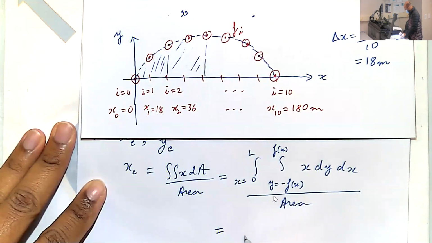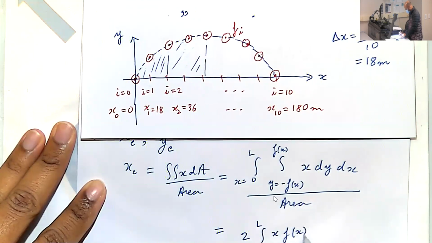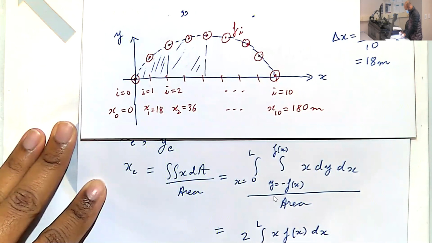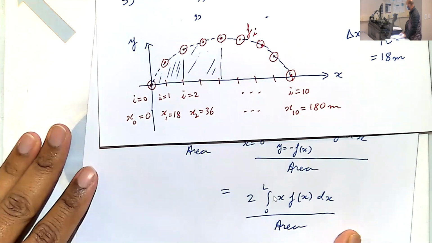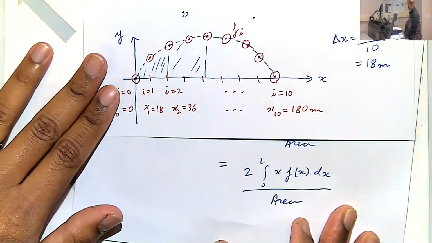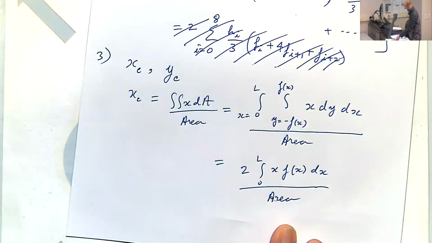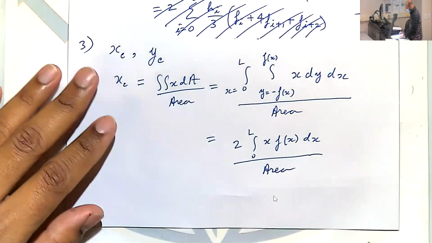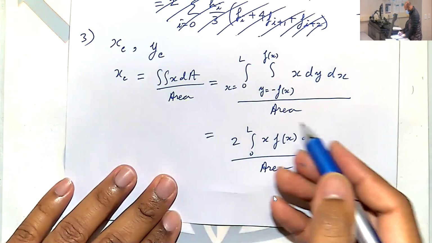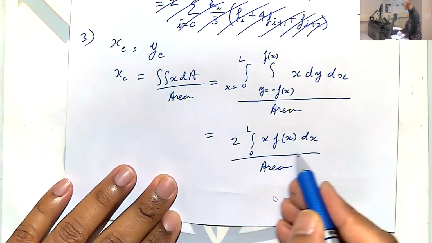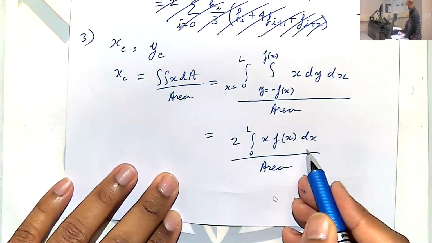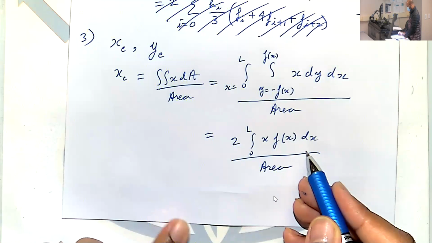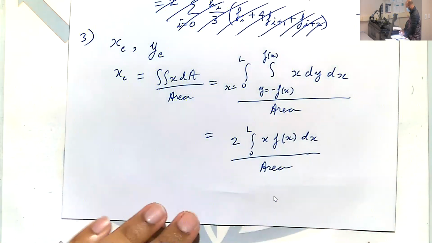So this simplifies to 2, 0 to L, x f(x) dx. Now for the area, we just computed it, the top one. Do you know how to compute the area? That's basically what we did in the homework, so it's the same.